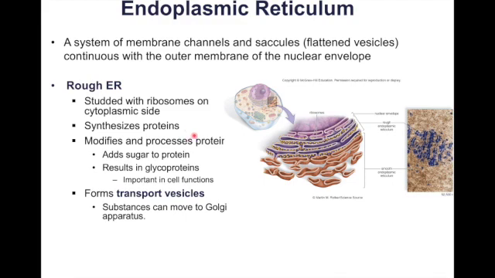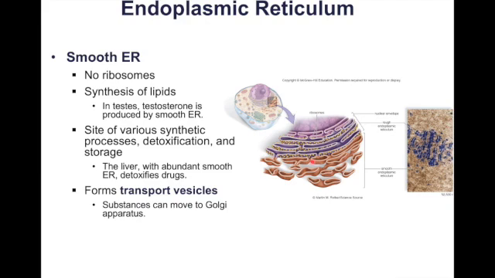In this case, those ribosomes make the proteins and then immediately put them right inside the ER. The ER is going to modify them and process them. Maybe they're adding some sugars to them to get glycoproteins, packaging them up for export, things like that. And then they package them into these vesicles, and then they go to the Golgi apparatus for some more Golgi magic. The smooth ER doesn't have the ribosomes.